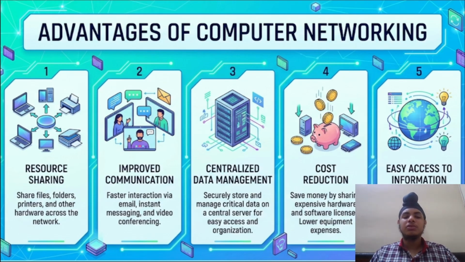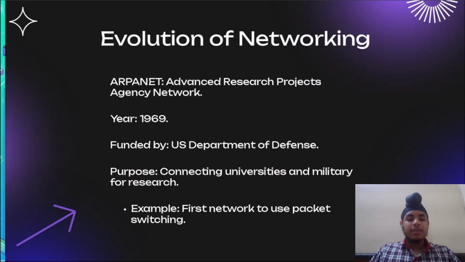Then number four is cost reduction, and number five is easy access to information and the websites. We can look up anything and study easily with Wikipedia, etc. Now let's move on to the next slide.